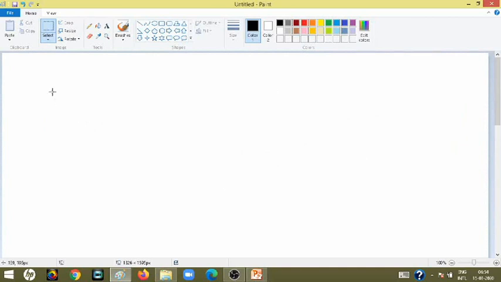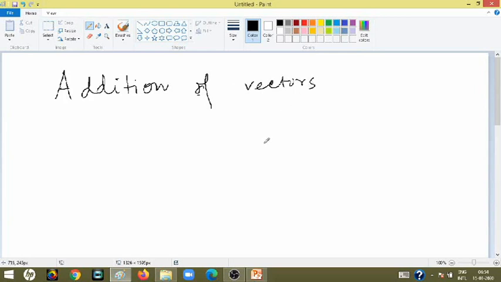Now let us learn about addition of vectors. Let us suppose this is vector A and this is vector B. Now this is the initial point.